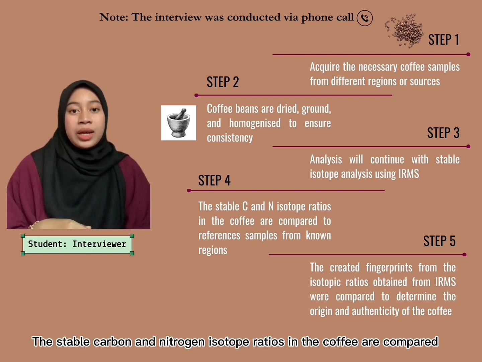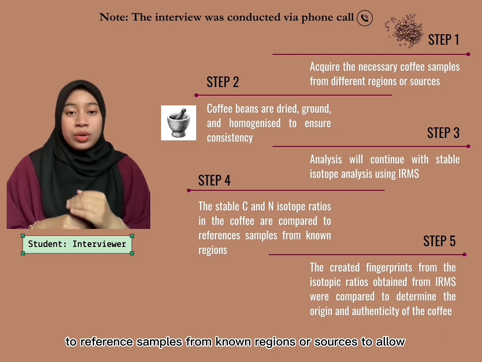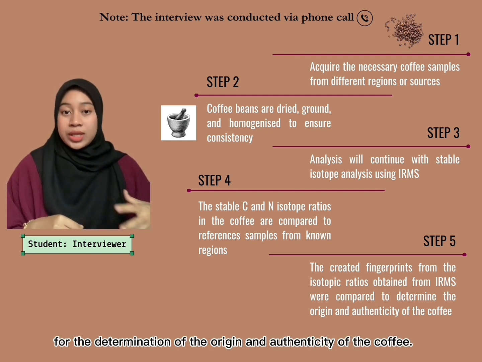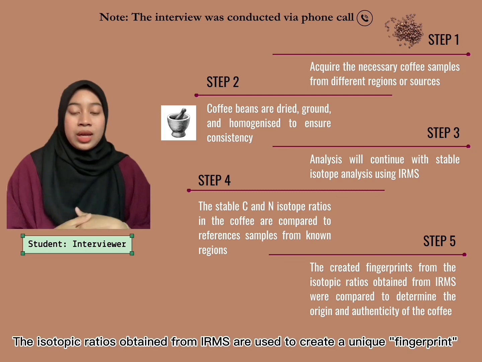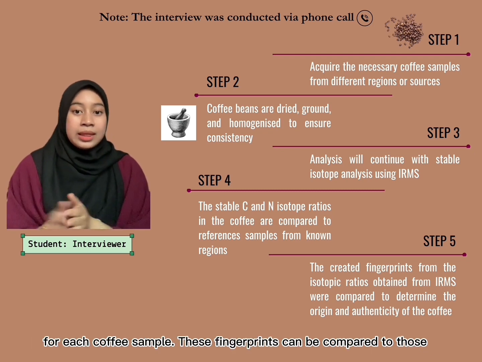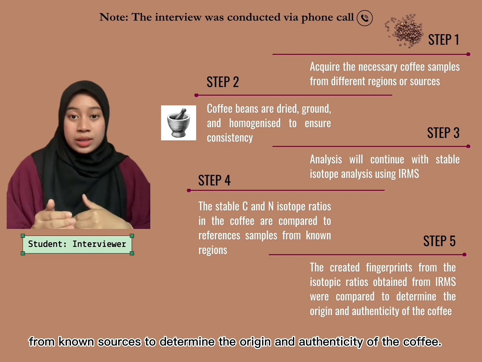The stable carbon and nitrogen isotope ratios in the coffee are compared to reference samples from known regions or sources to allow for the determination of the origin and authenticity of coffee. The isotopic ratios obtained from IRMS are used to create a unique fingerprint for each coffee sample. This fingerprint can be compared to those from known sources to determine the origin and authenticity of coffee.